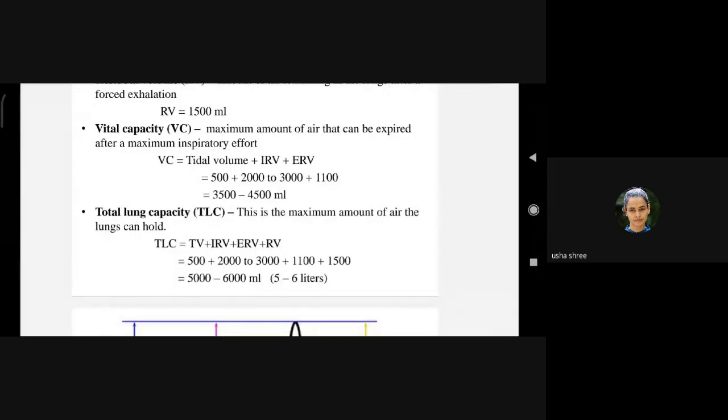Your brain will be activated so much more. We are just utilizing our lungs 10% only. The rest 90% of our lungs is inactivated.